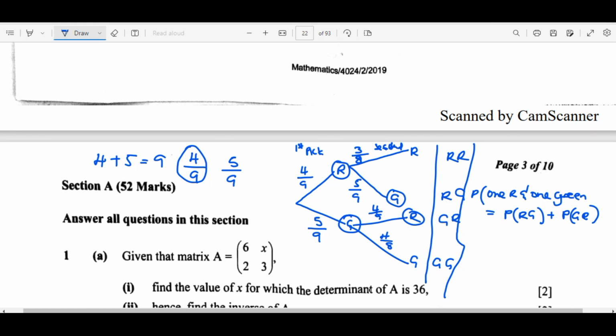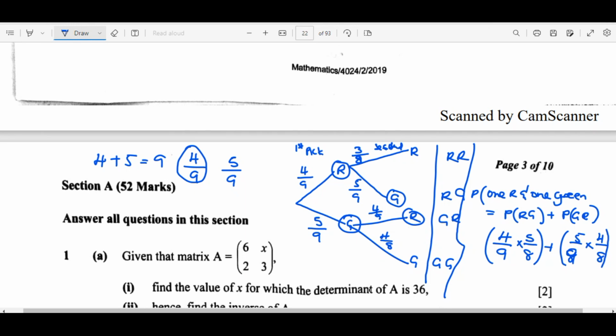R is 4/9 times G is 5/8, plus, and then we go to G. G is 5/9 times R, that is 4/8.